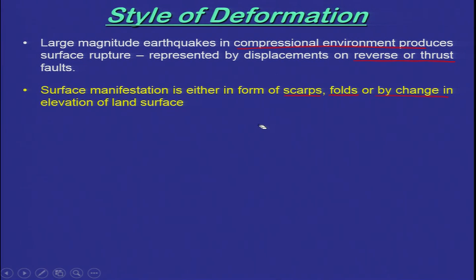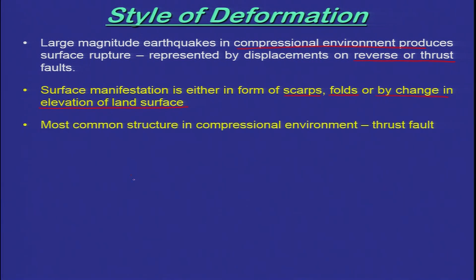Please remember that in compressional tectonic environment the manifestation on the surface will be along the reverse fault in the form of scarps, folds, and change in elevation. The most common structure in compressional environment will be thrust faults. This is what we have experienced and learned from the compressional tectonic environment in the Himalayan region.